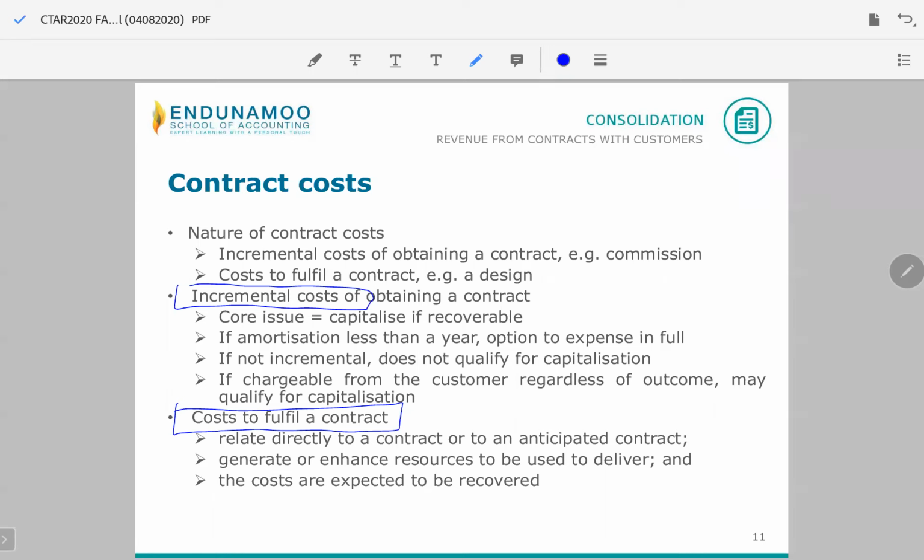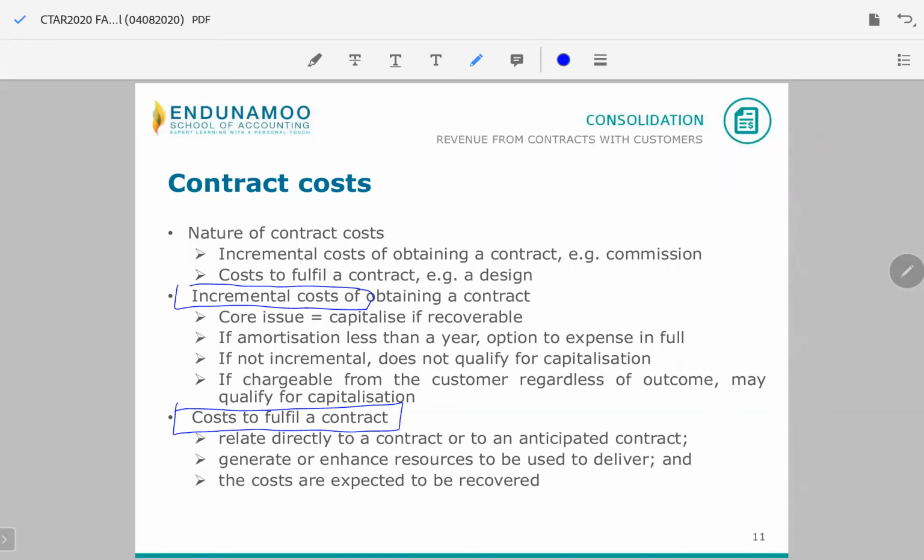So this is like relevant costing. Relevant costing says if the cost is already committed to, then it is not relevant. So that is what this is saying as well, that we only consider costs that are incremental when a contract is obtained. Otherwise, we ignore them.